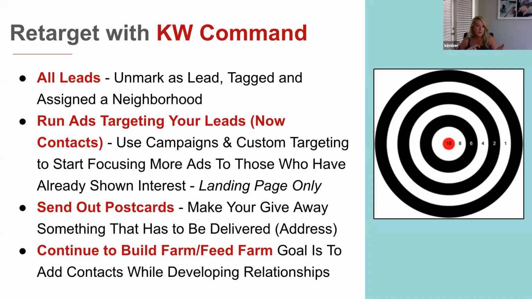Let's say I did an ad about Daybreak, or I'm trying to get leads from Daybreak to grow my Daybreak farm. I can create a custom tag that says Daybreak, and then I can sort by Daybreak. I can mark it just to Daybreak. There are a lot of different benefits to that.